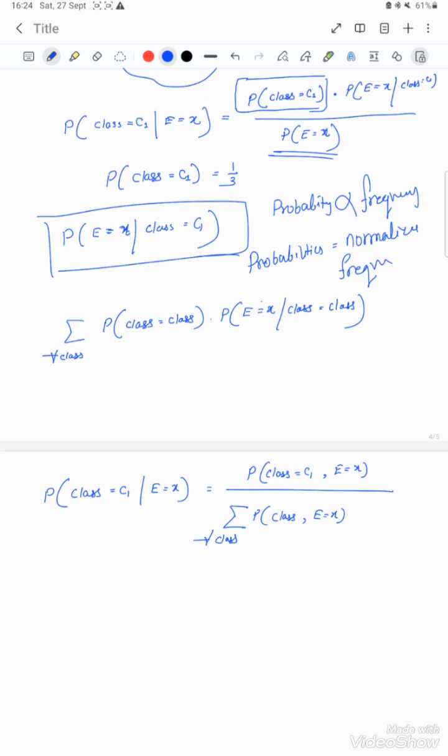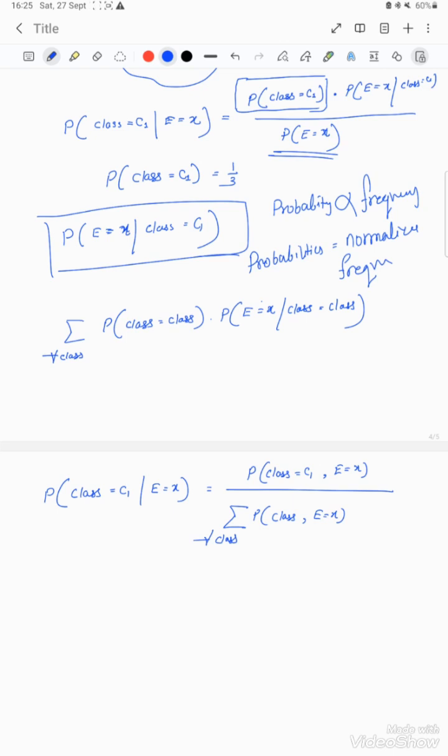What I mean to say is that when you go through all these classes, if event X occurs many times in class C1 compared to class C2 and class C3, then for the given evidence X you can give an estimation that class equal to C1 has some probabilistic value.